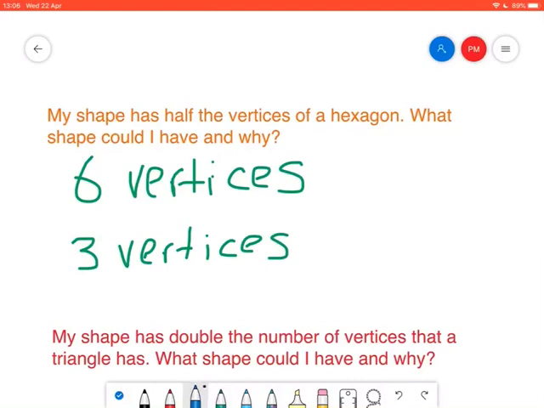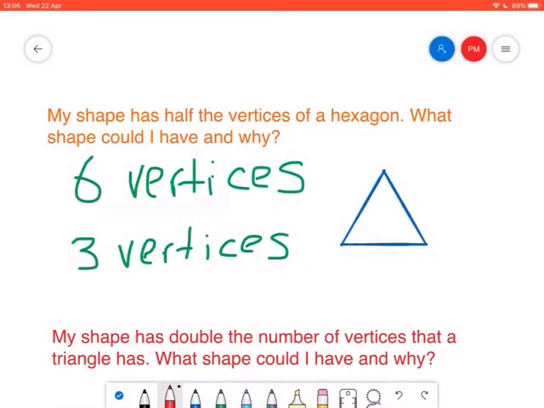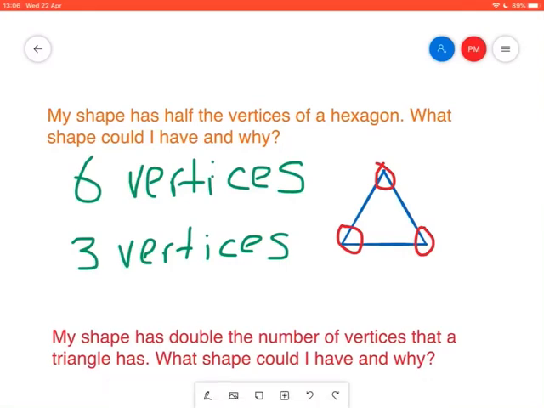And of course that is the triangle. So we've got 1 up here, 2 here, because it's where the lines meet, and 3. So the shape that has half of the vertices of a hexagon is a triangle. And it is that one.